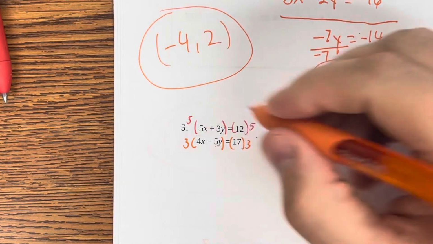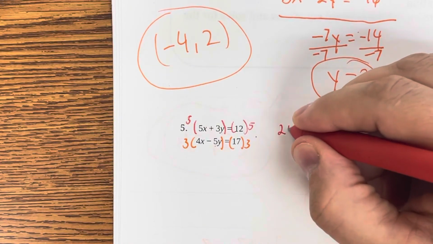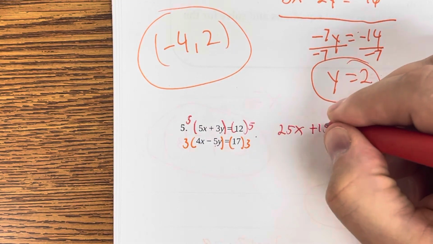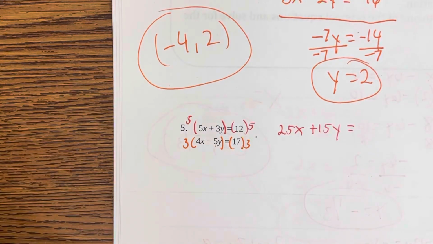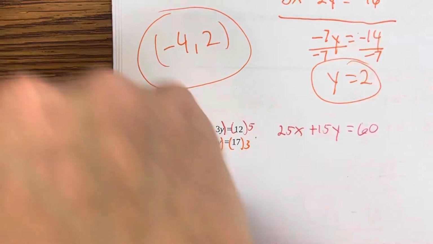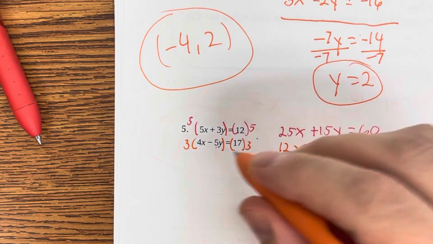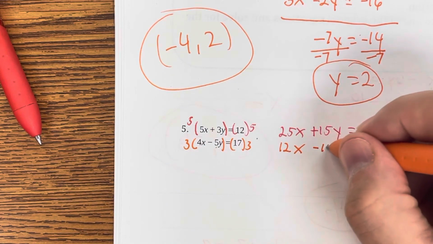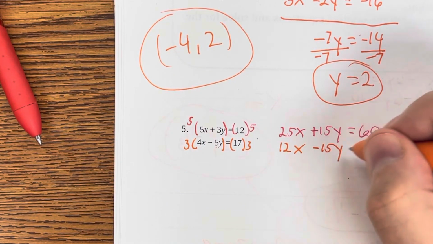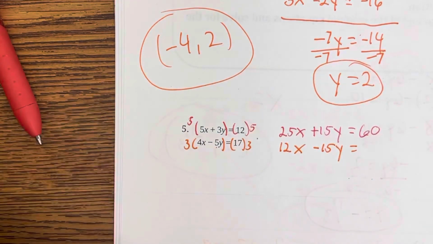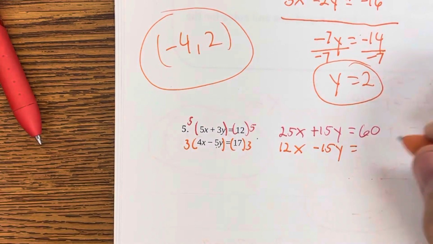So I'm going to rewrite. 5 times 5 is 25x plus 15y equals 12 times 5. I'm pretty sure that's 60, but I'm going to do a double check. It is indeed 60. Now on the bottom, 3 times 4 is 12x minus 15y. Now we see our y's will cancel. Equals 17 times 3, 51.